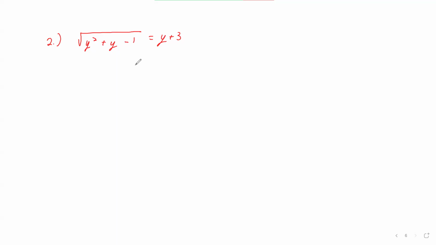Step 2, how do I get rid of that radical? All right, I'm going to square it. But notice I put the parentheses around this entire y plus 3, so the whole thing on the right side will also get squared.